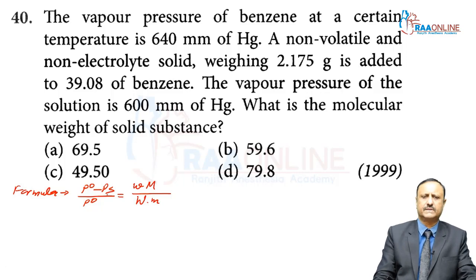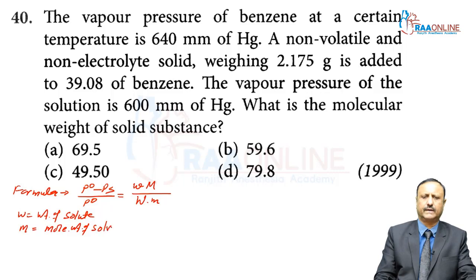Here, my dear students, what is the small w? Small w is the weight of solute in grams. What is the capital M? That is the molecular weight of solvent or water. Generally, we take water or the solvent.